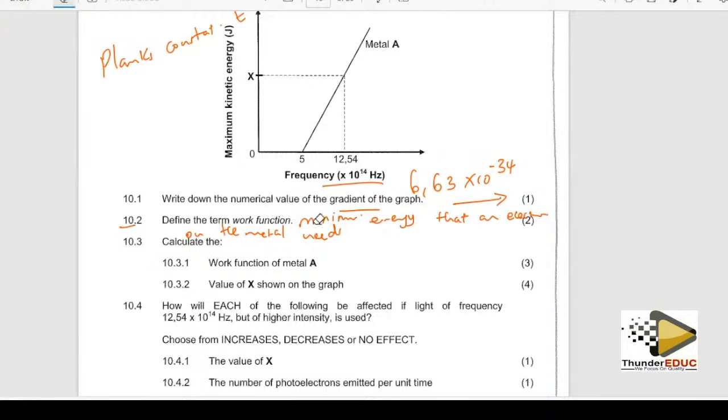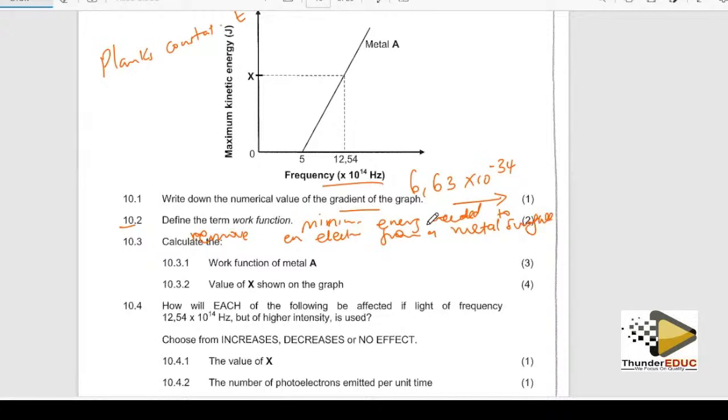Remember, work function is just the minimum work that must be done to remove an electron from a metal surface. Whichever way you put it, there has to be minimum involved. Minimum energy needed to remove an electron from a metal surface.